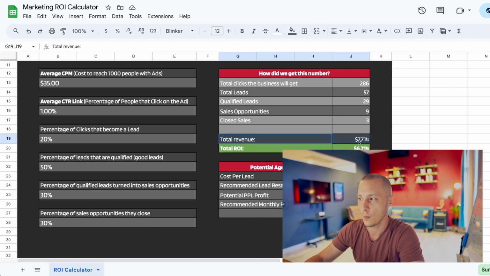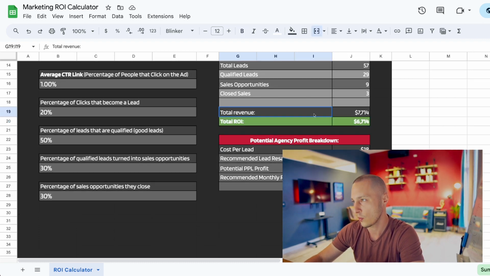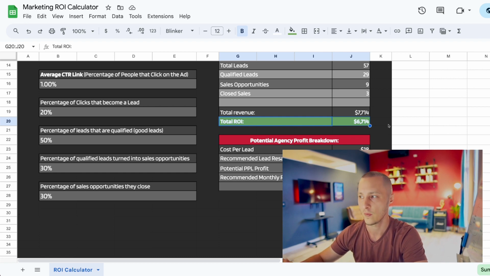That's revenue minus the ads that have been spent. The actual closed sales is not exactly 3, it's actually 2.6. Total revenue would be 7.7 on average, and total ROI would be 6.7 because we've spent $1,000 on ads. Hopefully that makes sense.